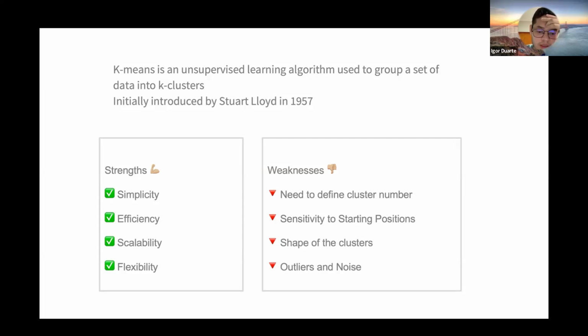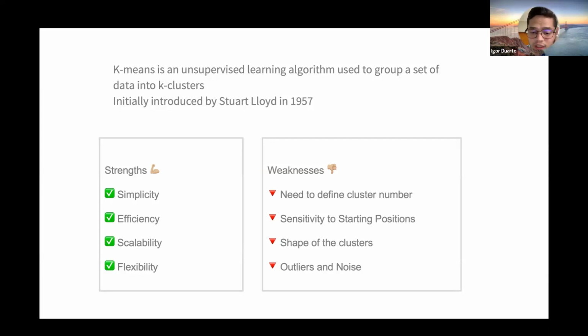It is also sensitive to initial position, so the choice of initial centroids can significantly influence the final result. Different ones can produce different clusters as well, especially if the initial centroids are selected randomly.